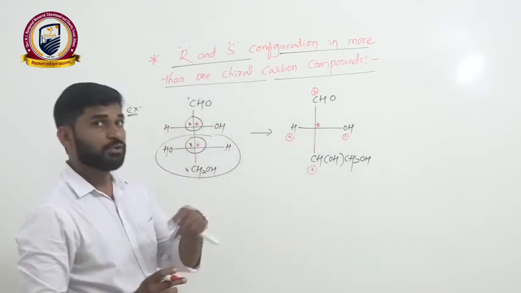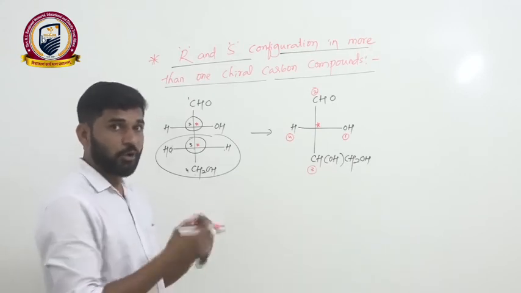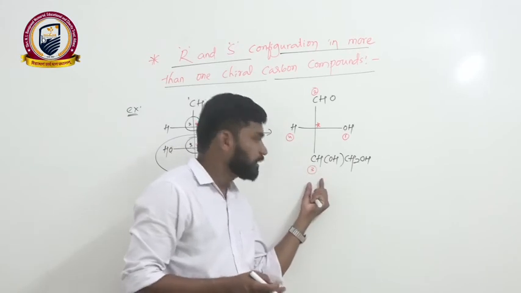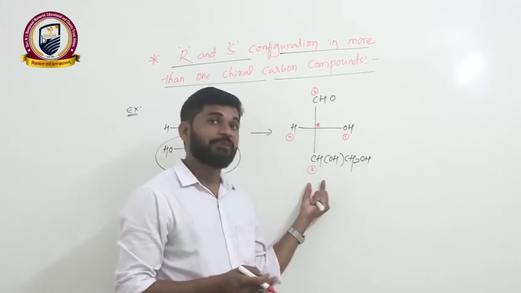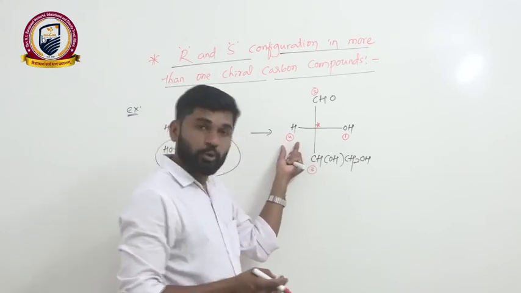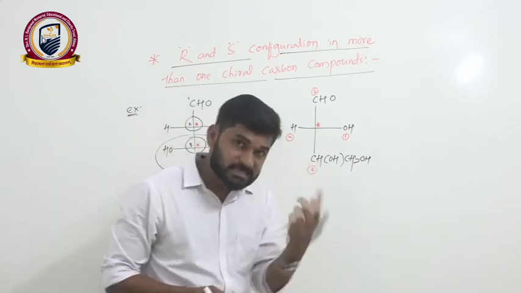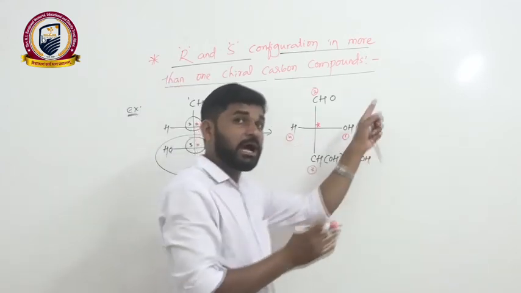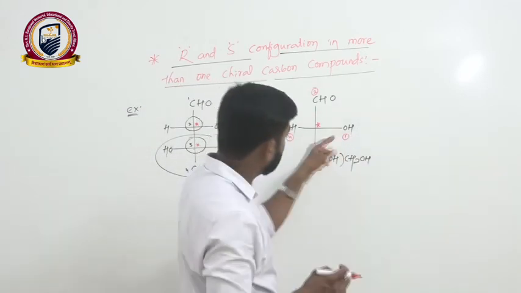As I said, the rule is that the lowest priority group is to be brought to the bottom. But I have also explained with examples that without bringing the lowest priority group to the bottom, we can also assign the configuration. First assign the configuration, then write the opposite configuration of that, and you will get the correct answer.